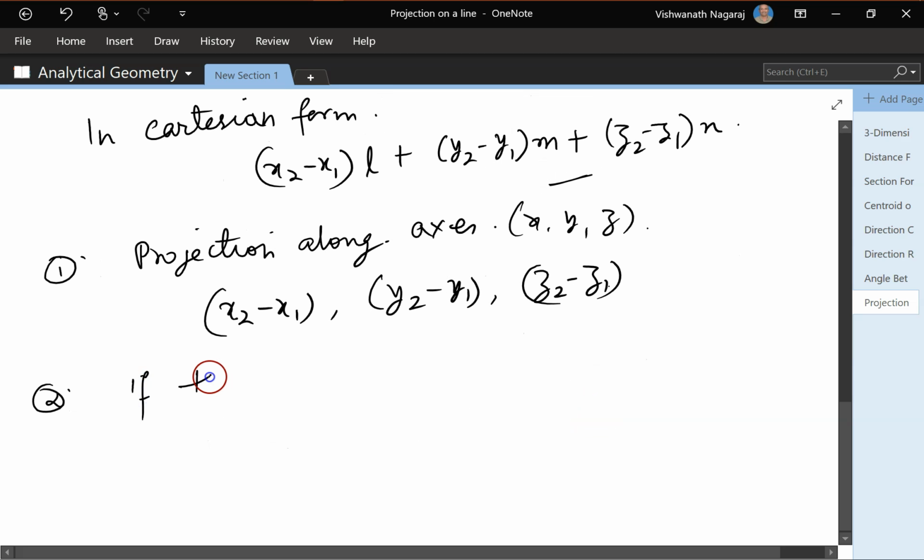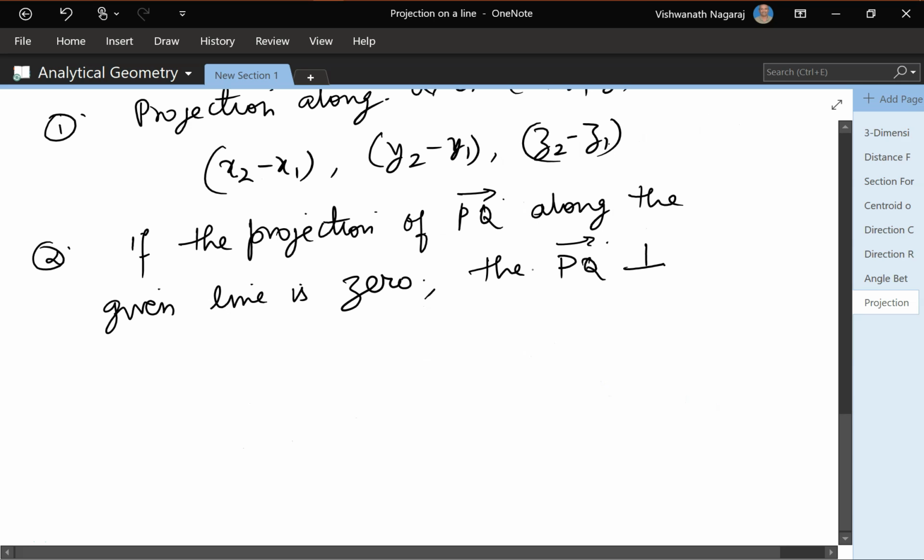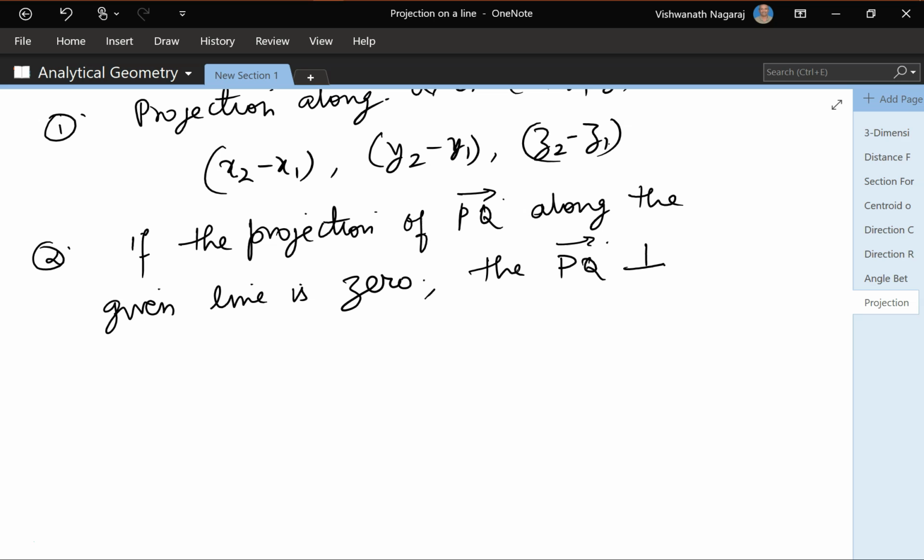If the projection of PQ along the given line is 0, that means the line PQ is perpendicular to the given line. In very simple terms, when the sun is exactly over it, what happens to the projection? Basically, the shadow disappears.